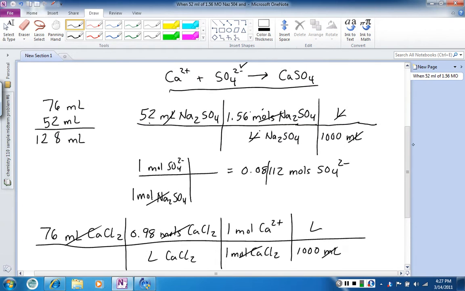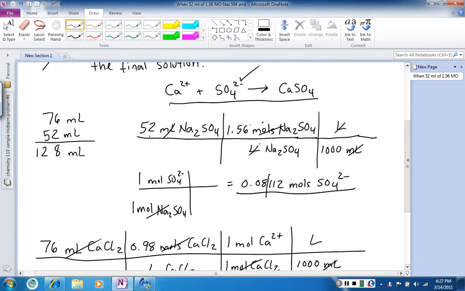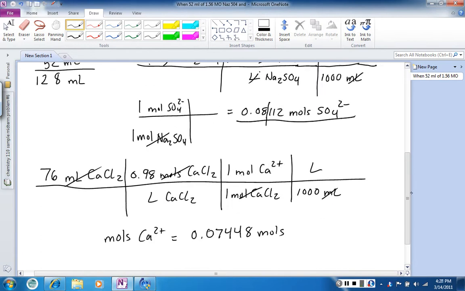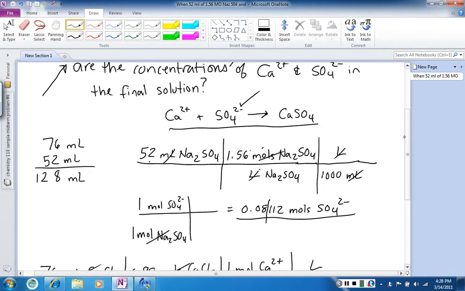So now we got to look. Which one's smaller? We have this many moles of SO4. We have this many moles of calcium 2 plus. You can see calcium 2 plus is smaller. So look at our reaction. We got a 1-to-1 ratio.